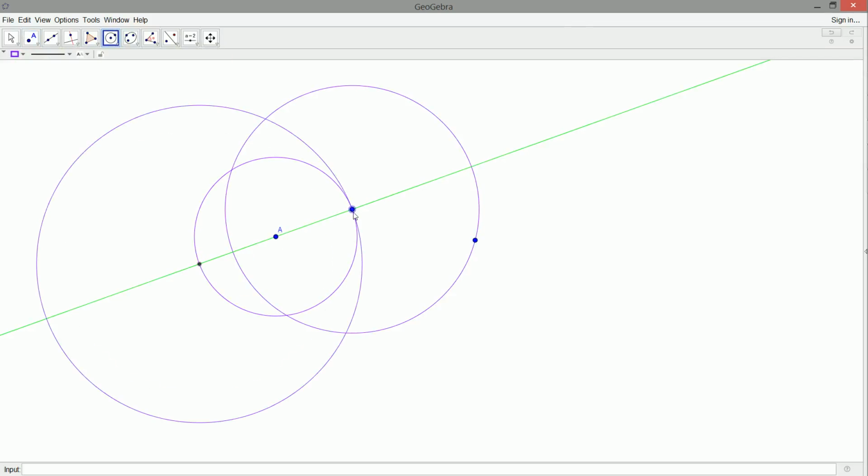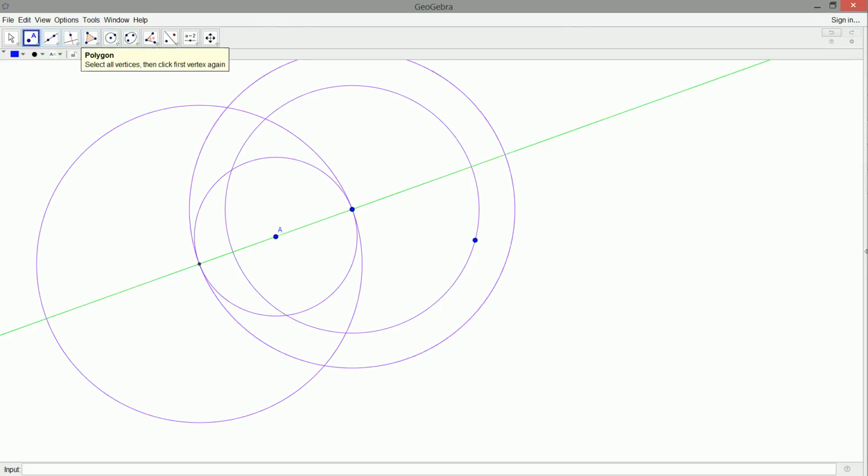I'm not going to exploit any of the fancy GeoGebra tools right now, because we're doing a straight edge and compass construction, and we want to show how to do everything. Alright, so we get this perpendicular line through A to the line from A to the center of the circle.